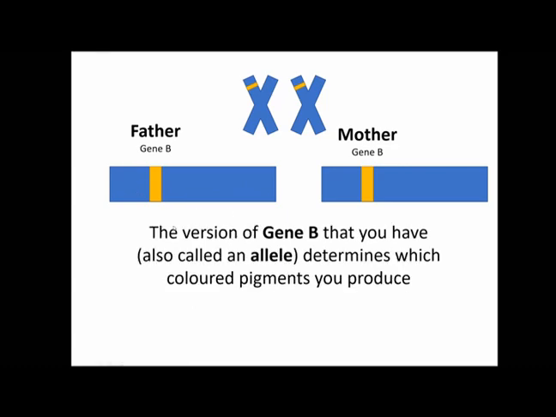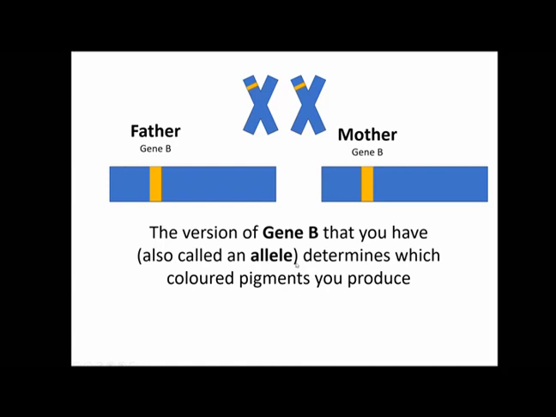Now, not everybody has the same version of gene B. The version of gene B that you have is going to determine which color pigment you produce. When we talk about a version of a gene, we can also call it an allele.